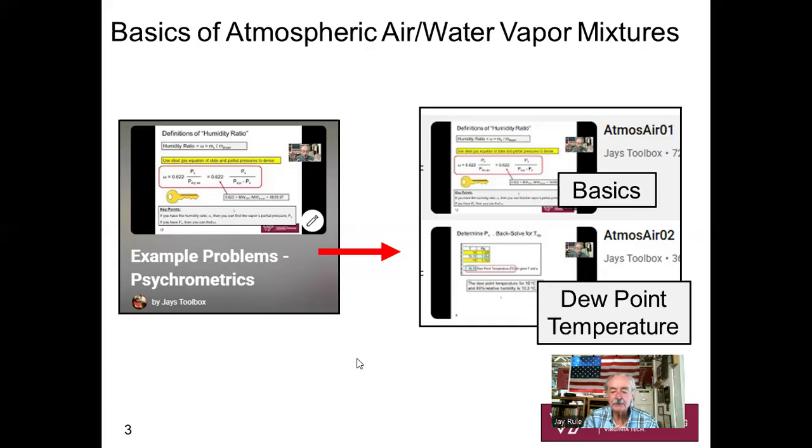But I want to encourage you, hopefully, to at least browse my atmospheric air 01 and atmospheric air 02, those two videos that are in my playlist called Example Problems Psychrometrics. And that can give you, hopefully, a working understanding, a working knowledge of what these atmospheric air-water mixtures are all about.